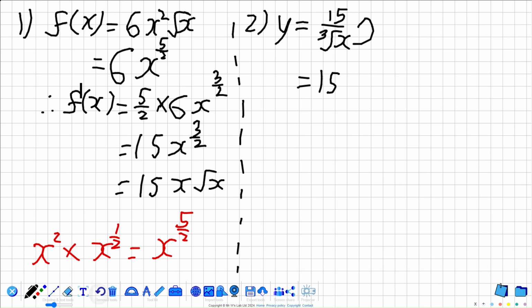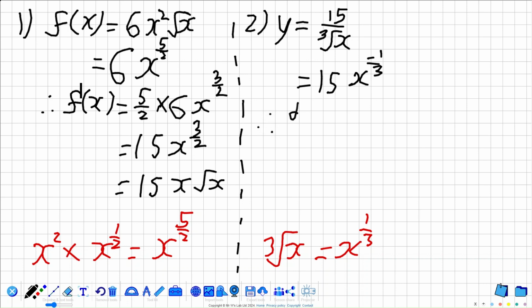So 15, and actually if we have a look at it, the cube root of x is equal to x to the power of 1 over 3, because that 3 is there now rather than a normal root which represents a 2. So then we can put that into it and say that equals 15x to the power of, well, it's now negative 1 over 3 because we've brought it up. And so we can find the derivative.